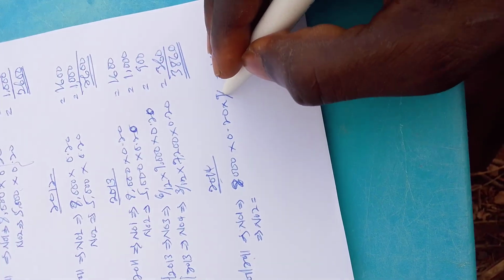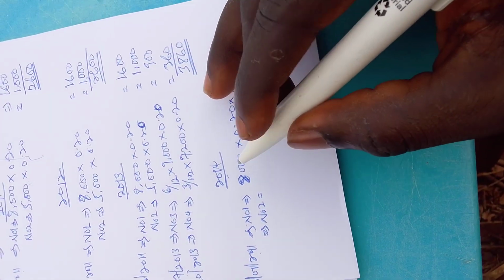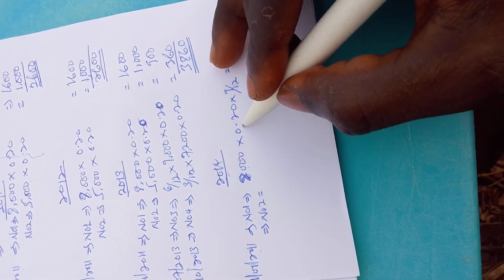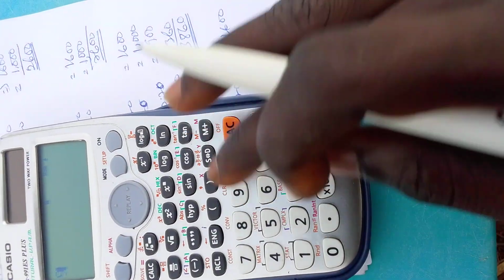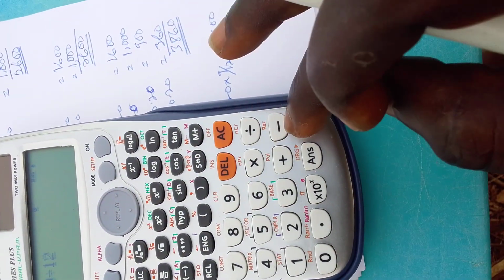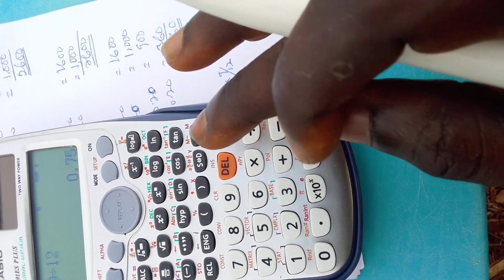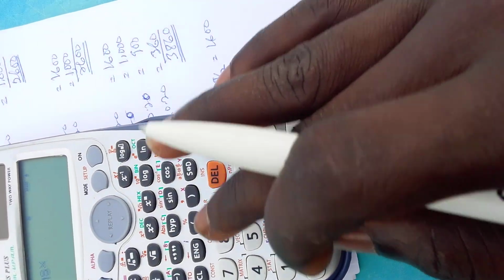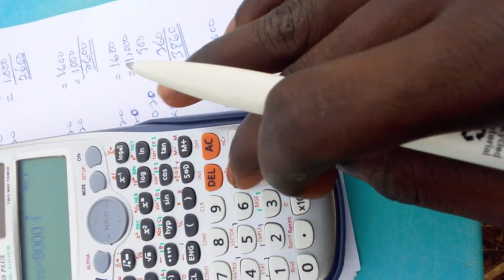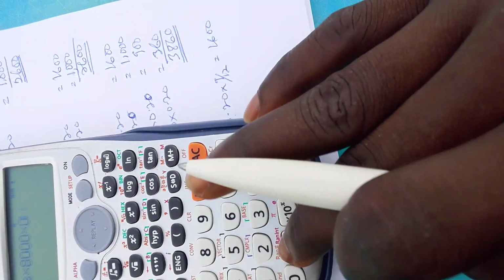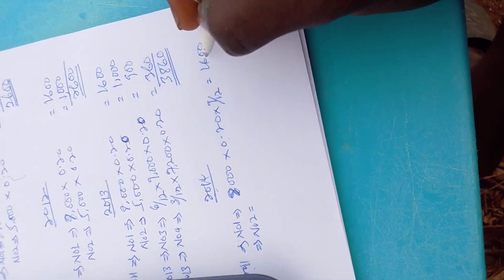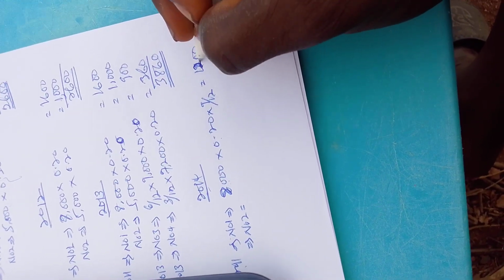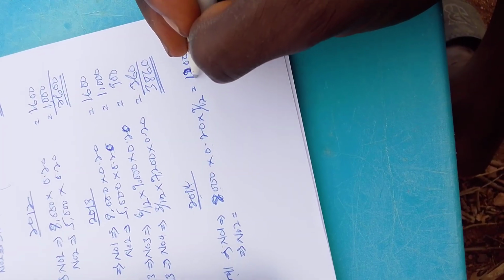That's why it's 9 on 12, multiplying the 8,000 and also the rate. So 9 divided by 12 will give us 0.75, multiplying 8,000, multiplying 0.20, which is going to give us 1,200. So it's not 1,600, it's 1,200 rather. I apologize for that, I forgot.